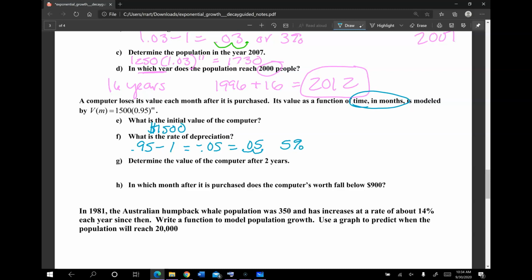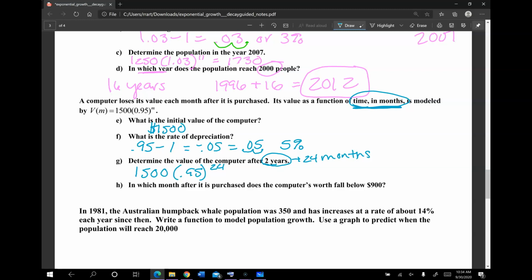Determine the value of the computer after 2 years. Well, we just said it's being modeled in months. So how many months is 2 years? 24 months. Okay? So now I can plug that in, now that I've converted it to what it needs to be, to 24 months.